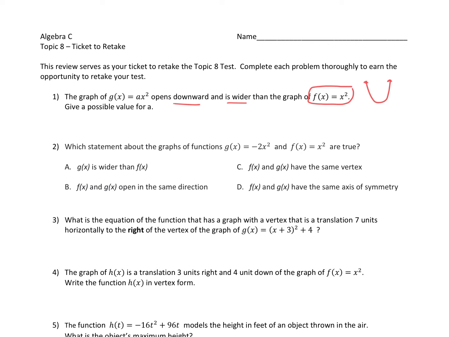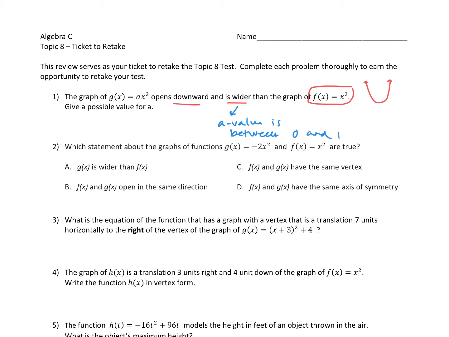So first I want to talk about wider. For our function to be wider, the a value is going to be between 0 and 1. Well, that is a sloppy way to write the word between. So basically, if your a value gets smaller, your graph will widen.